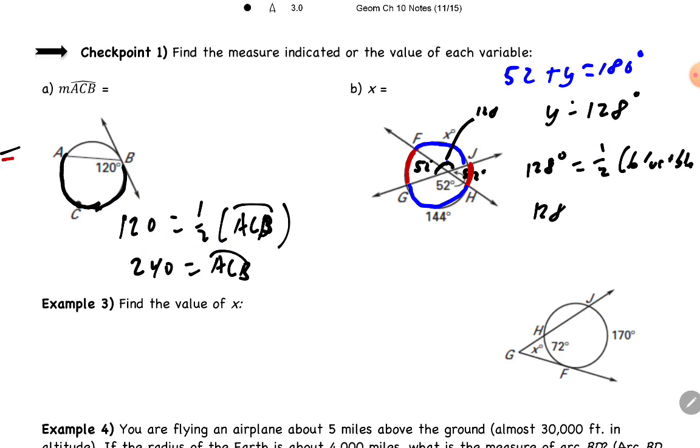So 128 is equal to 1/2 of x plus 144. To get rid of the half, we're going to double both sides. So I got 256 equals x plus 144. Subtract 144 over, and we'll get x equals 112.